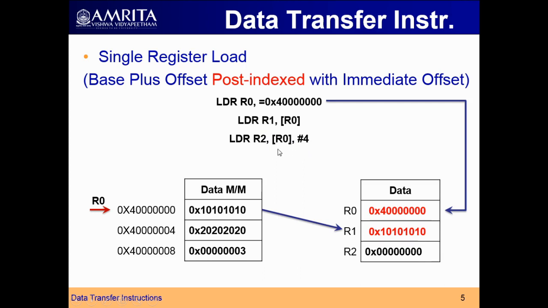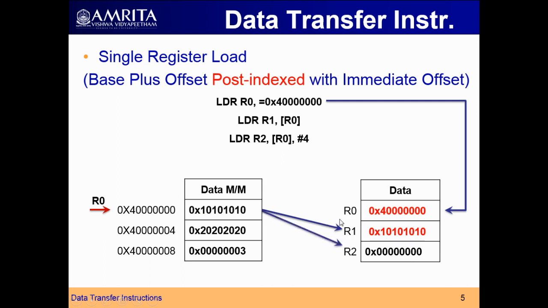What does this instruction mean? Whatever is present inside the bracket, what does it mean? If we put a bracket around R0, the data pointed to by R0 will be moved on to R2. So what is the data pointed to by R0? 100.